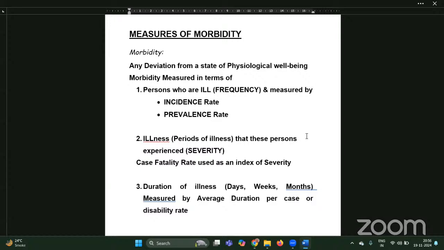And incidence in the case of chronic disease is very difficult to measure. You need to have a longitudinal study. While prevalence is easier for chronic diseases: at a given point of time, how many people were suffering from a disease. That is the point prevalence. But if you take a period prevalence, between this period, how many people have suffered even once? That is period prevalence.